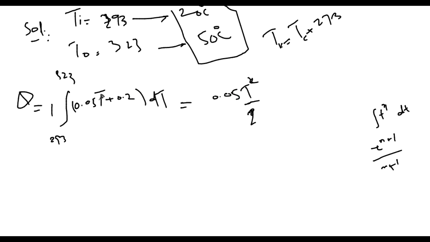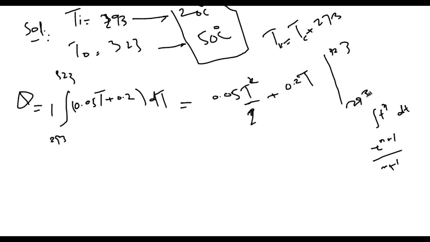T square divided by 2. If this is T square, so T cube divided by 3. Increase it by one. If this is T cube, so T4 divided by 4. And plus 0.2. And what is the integration of a constant? It gets capital T with it, capital T. And write the upper and lower limit, so 323 and 293.